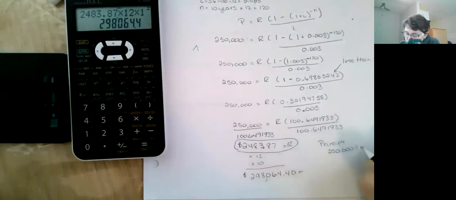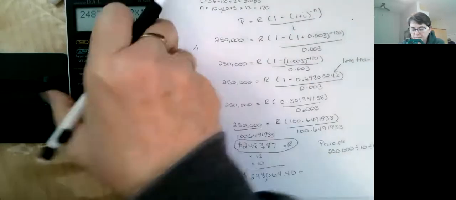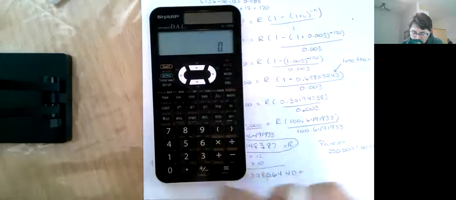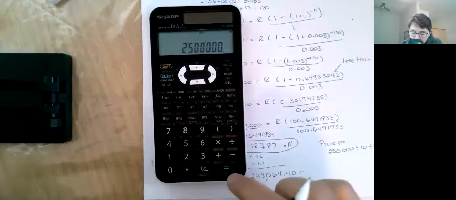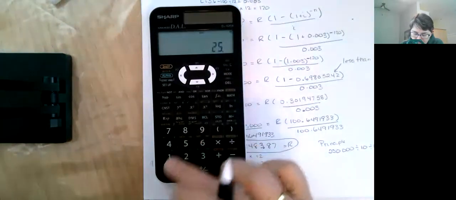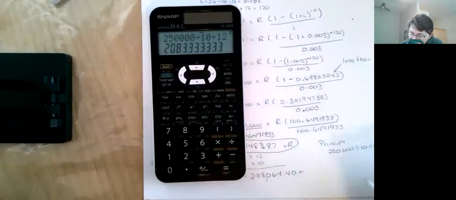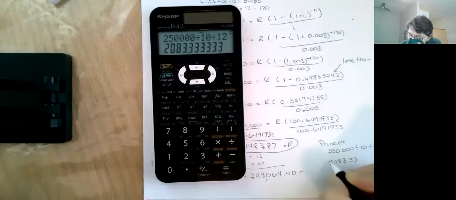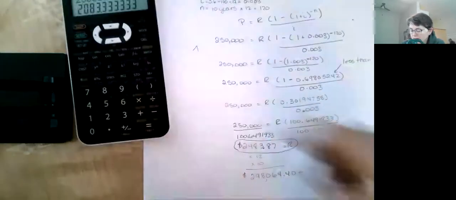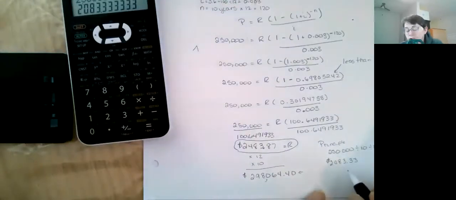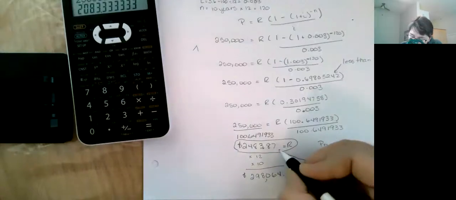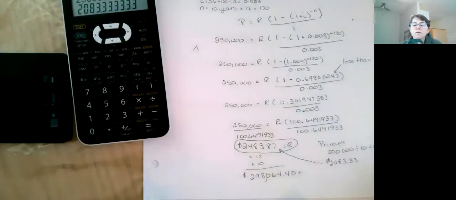If I divide that by 10 and divide that by 12, I get 2083.33. So if there was no interest at all, this is what he'd be paying a month. So it's a good thing that our calculated answer is bigger than that.